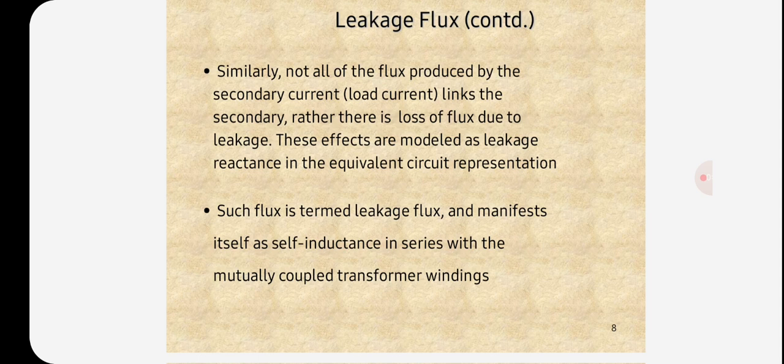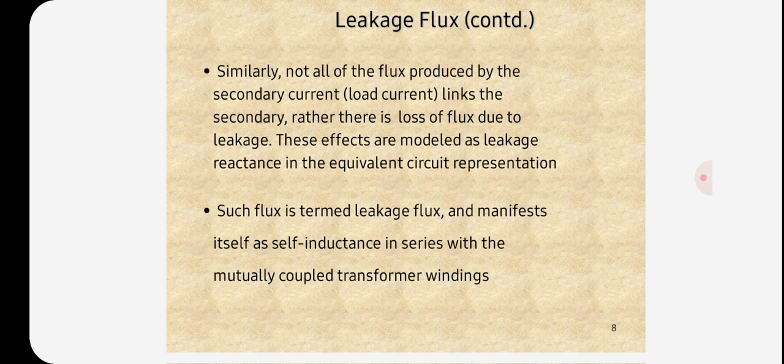Similarly, not all of the flux produced by the secondary current or load current links the secondary. Rather, there is loss of flux due to leakage. These effects are modeled as leakage reactance in the equivalent circuit representation.